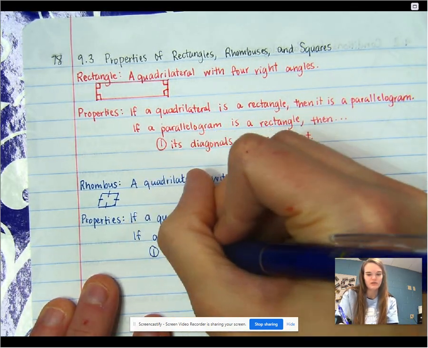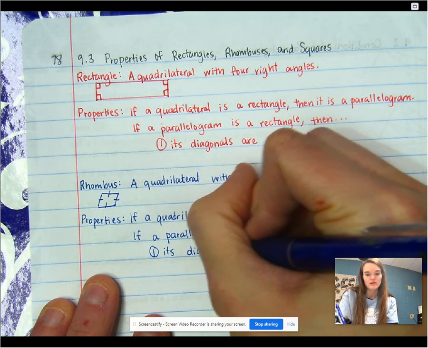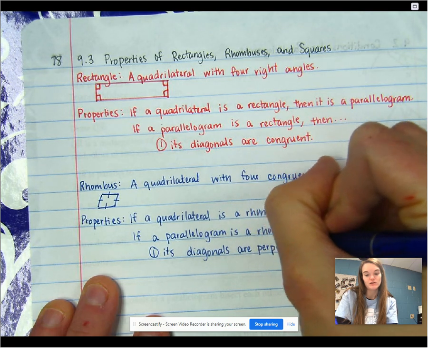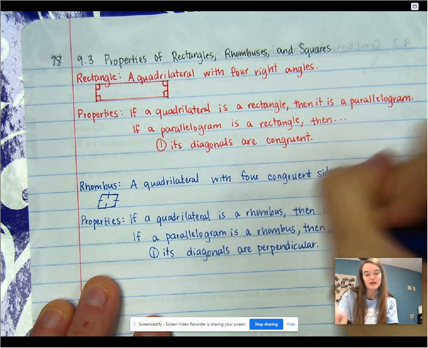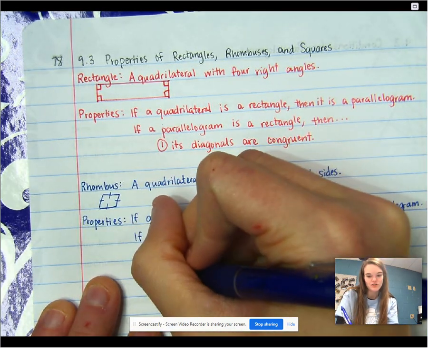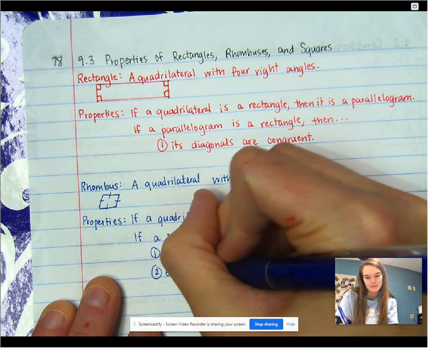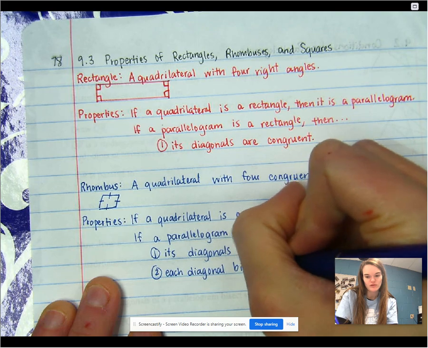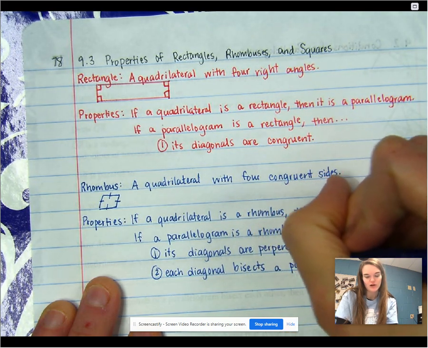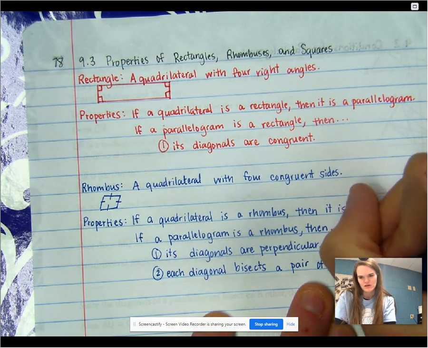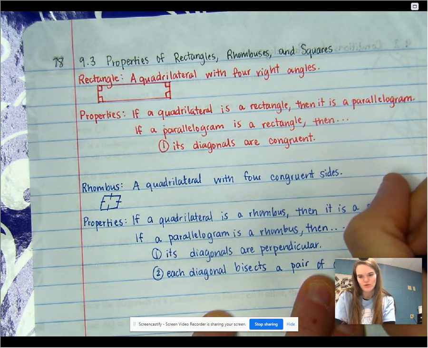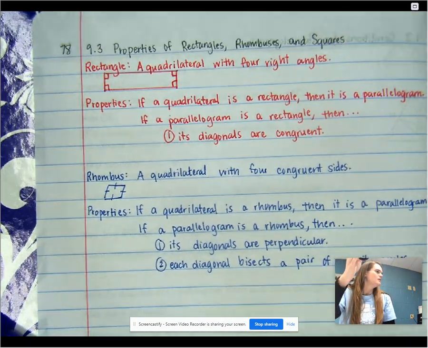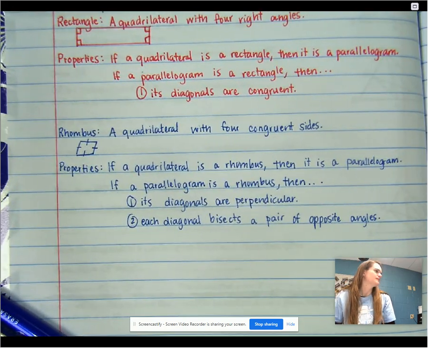Its diagonals are perpendicular, so they meet at a right angle. And each diagonal bisects a pair of opposite angles. So a rhombus has a couple of extra things. All of these properties will help you when we get to the proofs section of this.